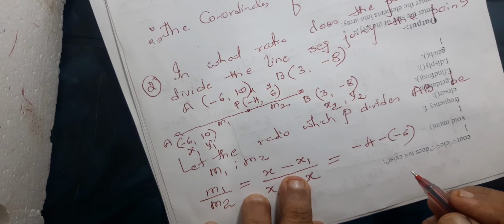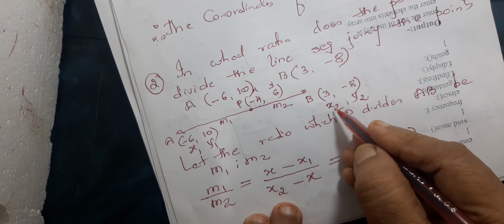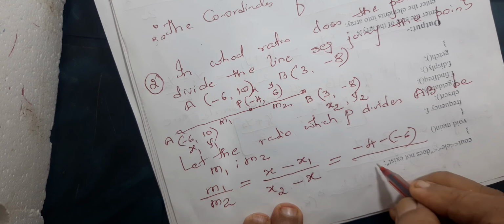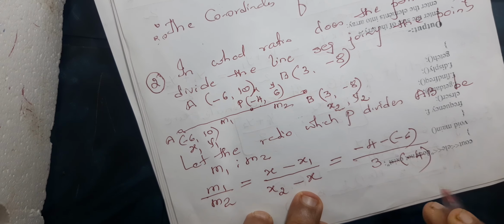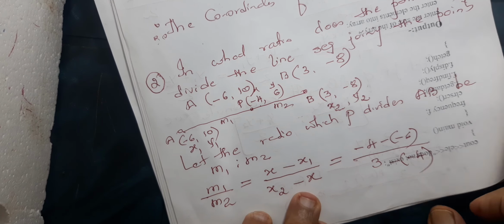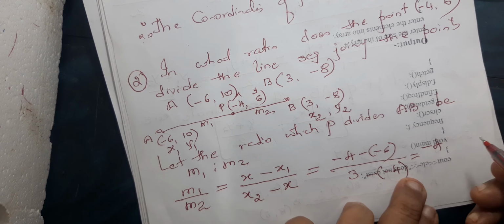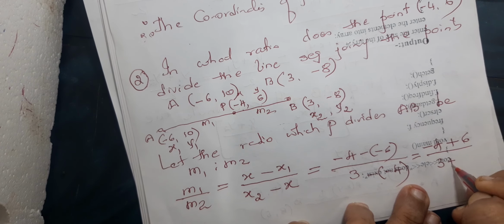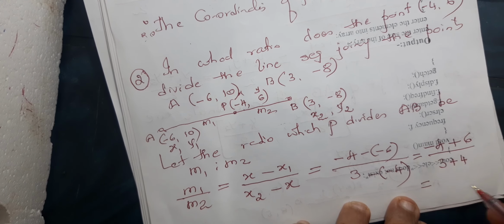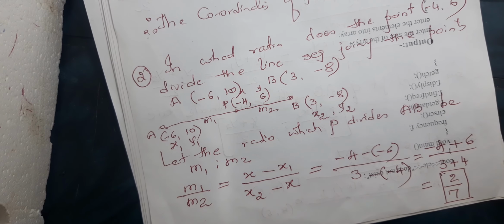Then by x2, if you denote like this, it will be very easy: 3 minus of minus 4, because that x we wrote here already. Come on, now I will simplify it. Minus 4 plus 6 by 3 plus 4, which is equal to 2 by 7. So 2 by 7 is the ratio there.